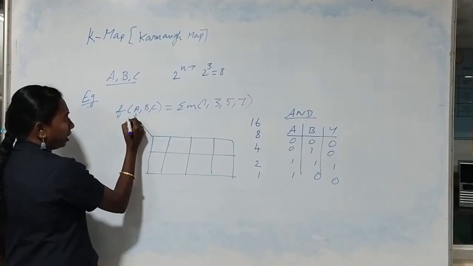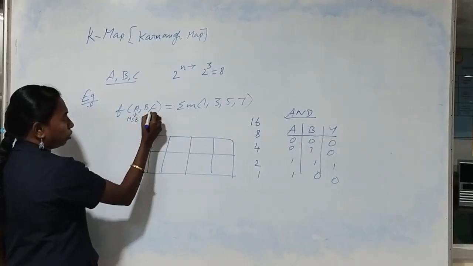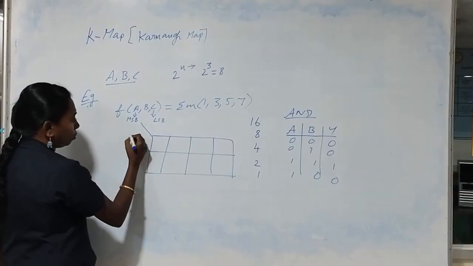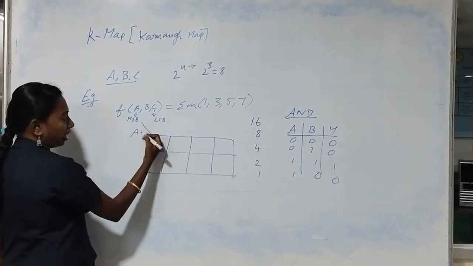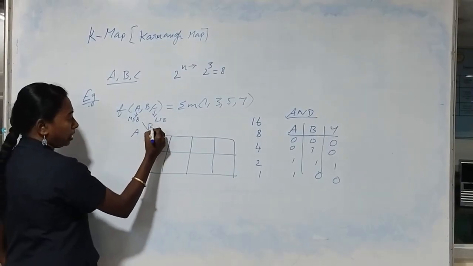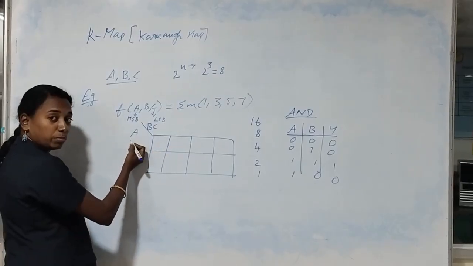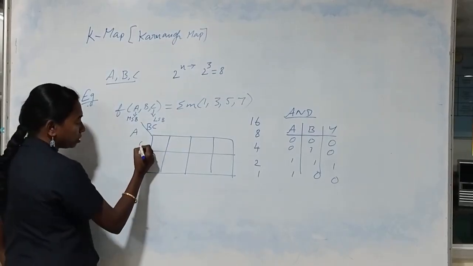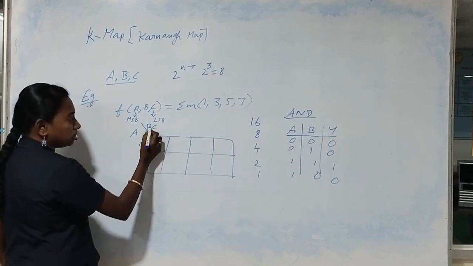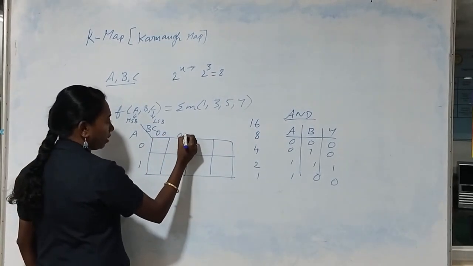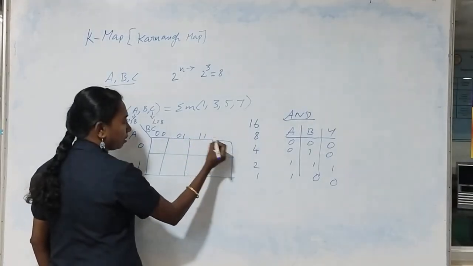So always you have to take the MSB followed by the LSB. On this side, I am going to write the MSB, which is A, and on the other side will be B and C. Since A is a single variable, it consists of only 2 bits, which are 0 and 1. B and C are 2 variables, so 0 0, 0 1, 1 1 and 1 0.